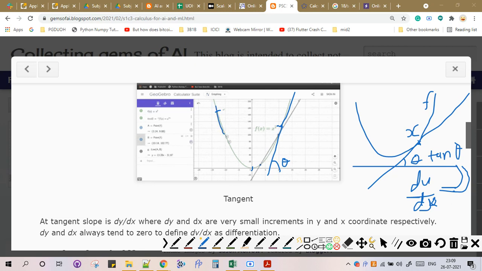If theta is more than 90, then tan theta would be negative, so dy by dx is negative, which means your function is decreasing: minus 36, minus 25, minus 16, minus 9, like that.